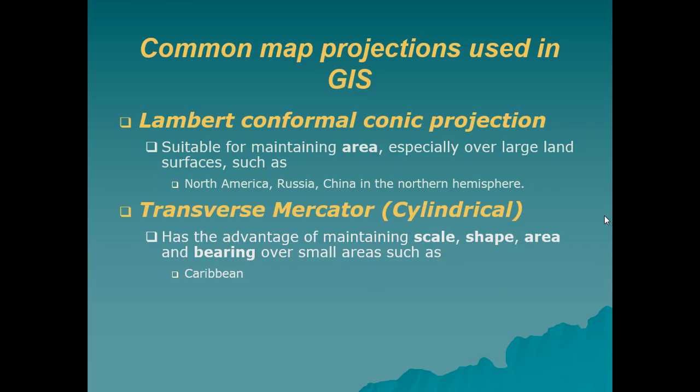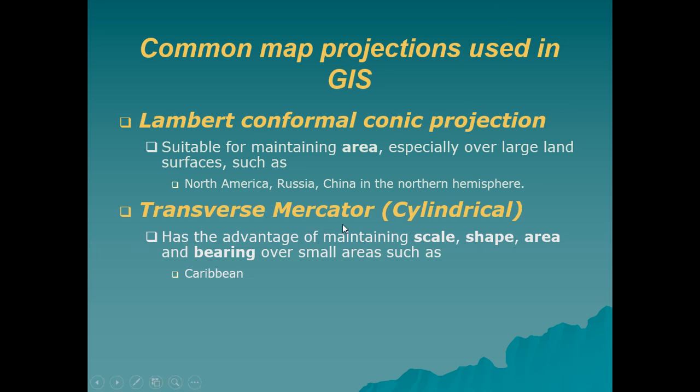Right, so very quickly, we'll look at some common map projections that we use in GIS. For example, we have the Lambert conformal conic projection. As mentioned before, this is suitable for large areas. So, for example, we have some countries that have large land masses, such as North America, Russia, China. All right, these are all in the northern hemisphere. So we know that the conic projection system would be suitable for these countries.